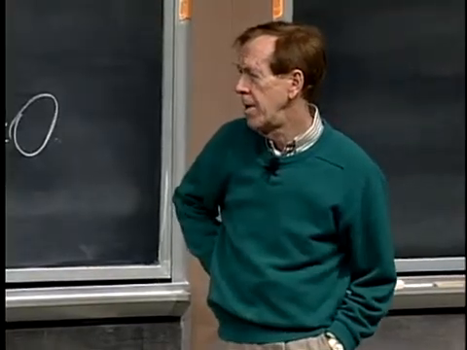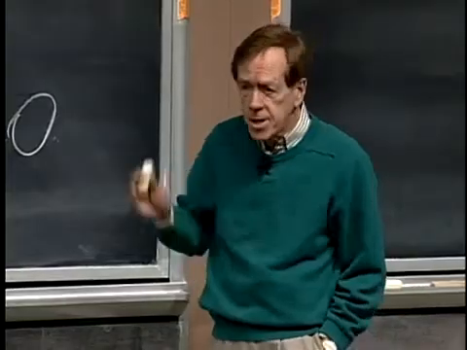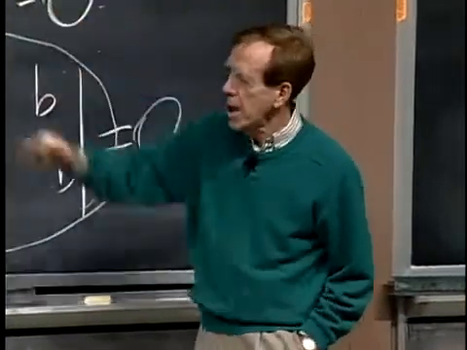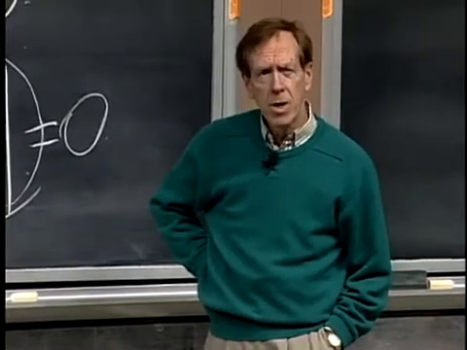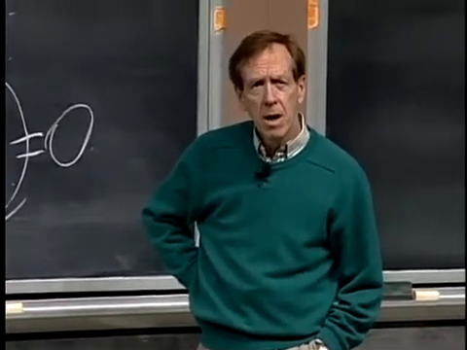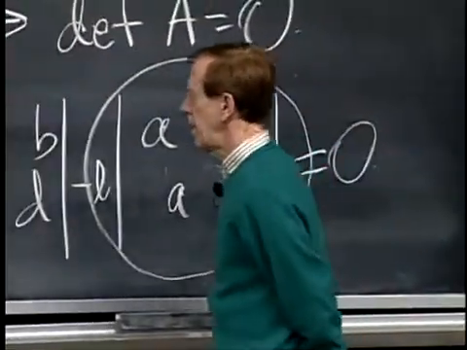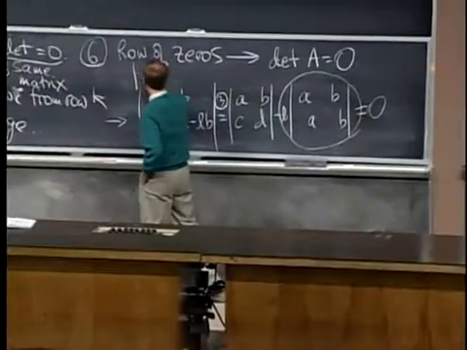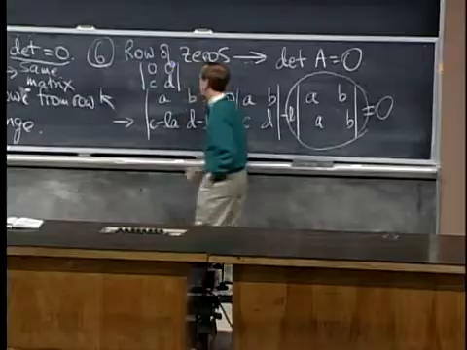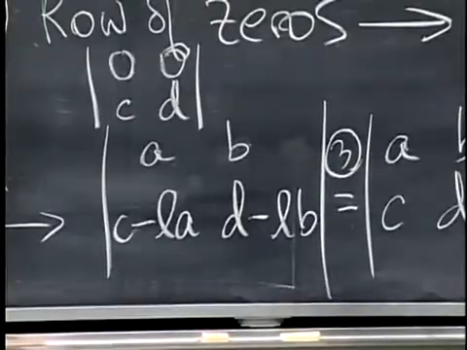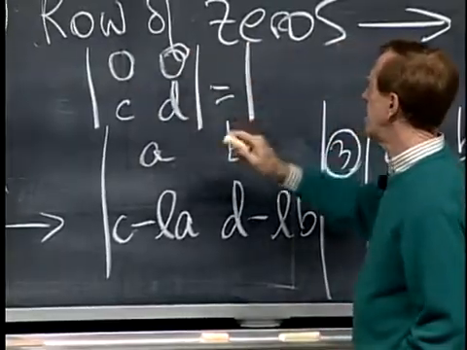How do I get that one from the previous properties? Because this is not a new law. This has got to come from the old one. So what shall I do? Yeah, that's brilliant. Use 3a with t equals 0. Right. So I have this 0, 0, c, d, and I'm trying to show that that determinant is 0. Okay. But 0 is the same as 5 times 0.